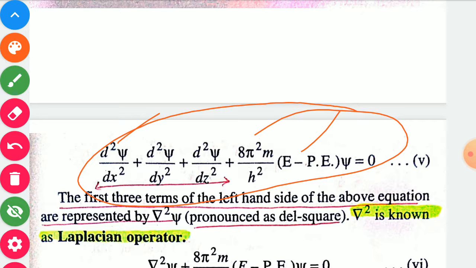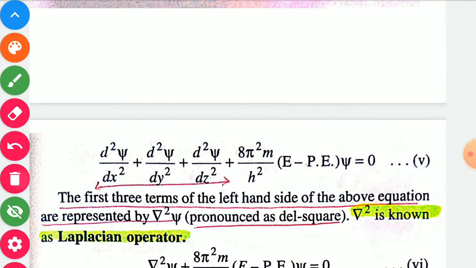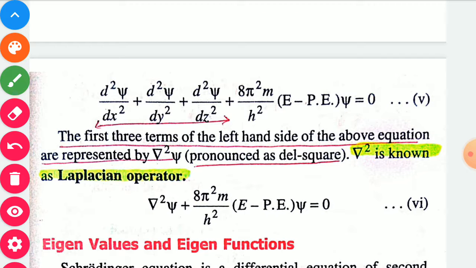That is, in place of d upon dx square plus d upon dy square plus d upon dz square, we may take the term del square. So equation number 5 can also be written as del square psi plus 8 pi square m upon h square in bracket total energy of particle minus potential energy multiplied by psi is equal to 0.